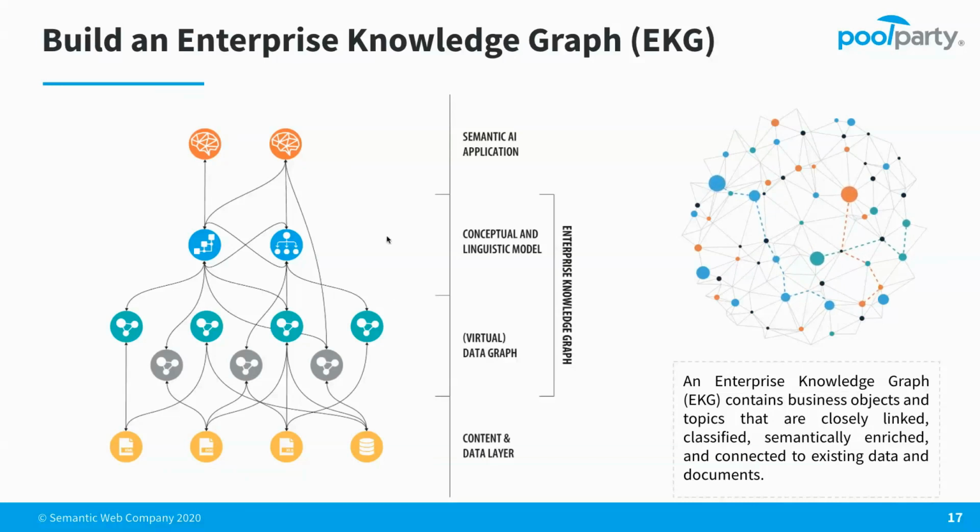It really consists of a central building block, which is the conceptual model and the linguistic model. So here you really create concepts related to each other. You put the terminology next to it, but it's not just the terminology, not just the labels, it's really about relations.